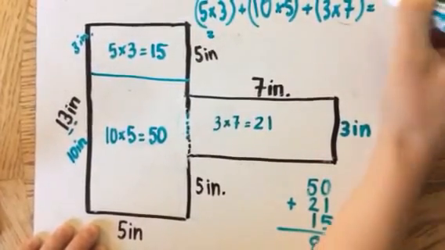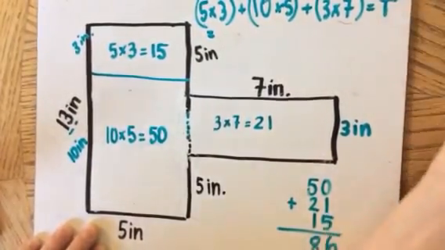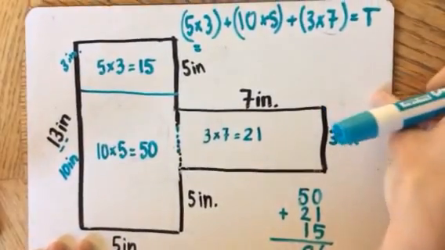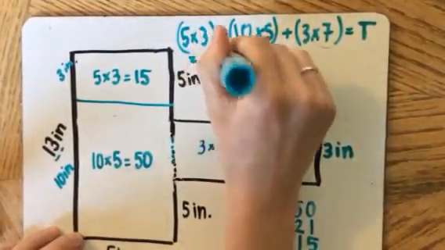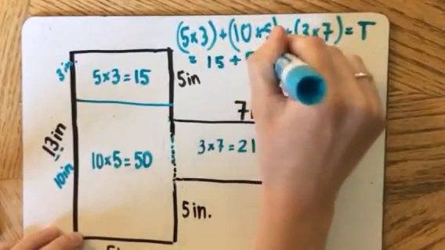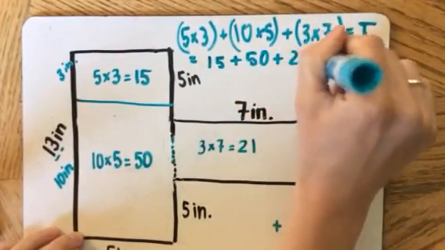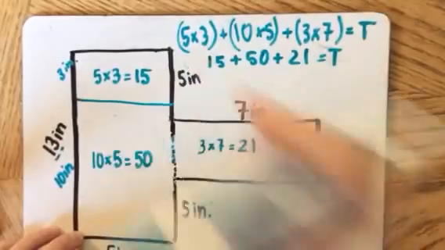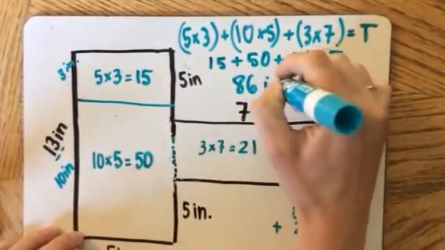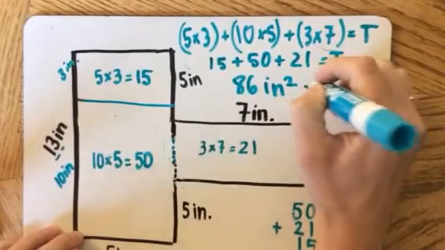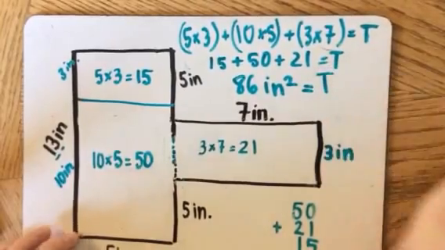We could do a different variable. Maybe I'll do a T this time. Oops, hopefully you can see that. 15 plus 50 plus 21 is equal to T. And when I added those up, I got 86 square inches is our area T.